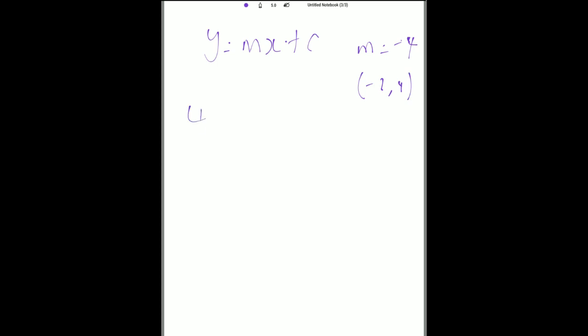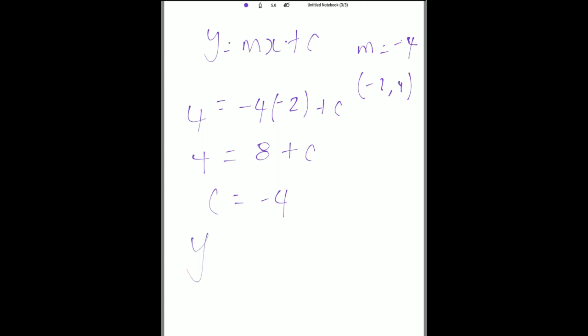So y is 4, and that will be equal to negative 4 times negative 2 plus c. So 4 would be equal to 8 plus c. That implies that c is equal to negative 4.